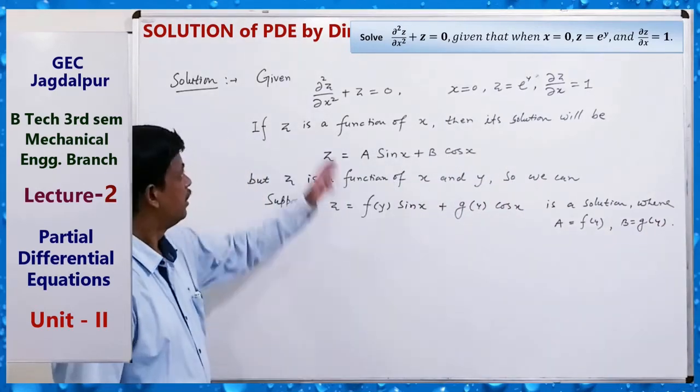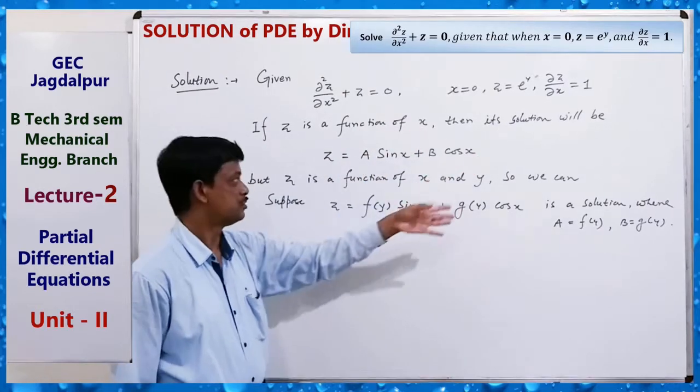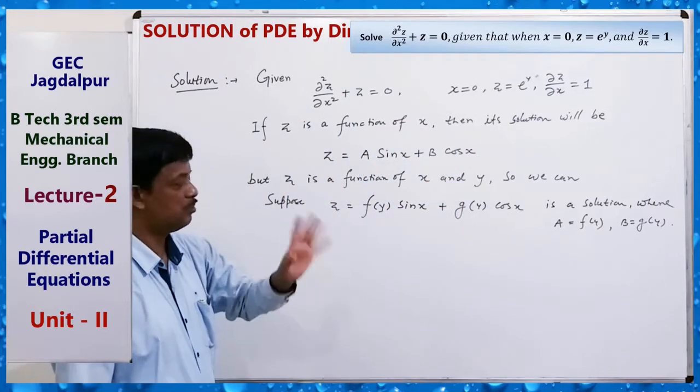If it is a function of a single variable, then the solution will be like this. But z is a function of x and y both.